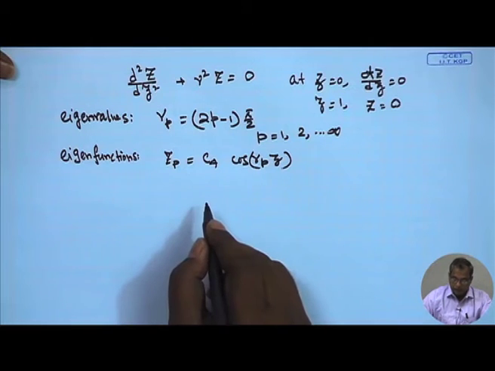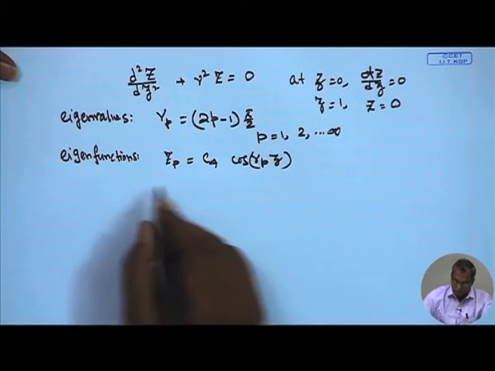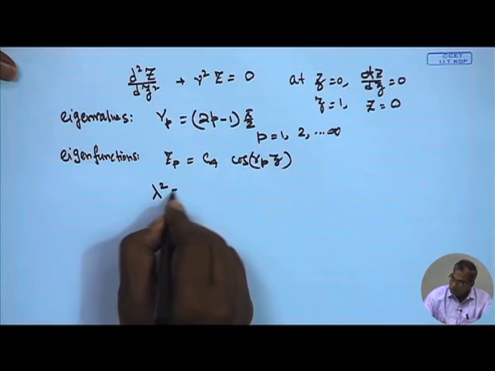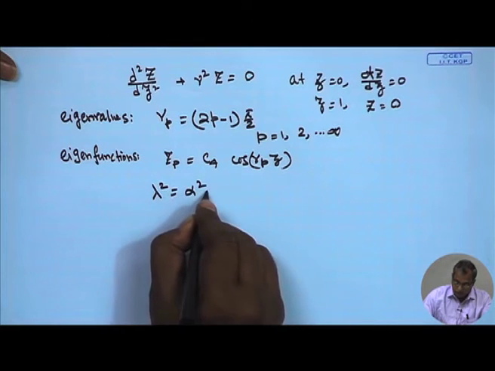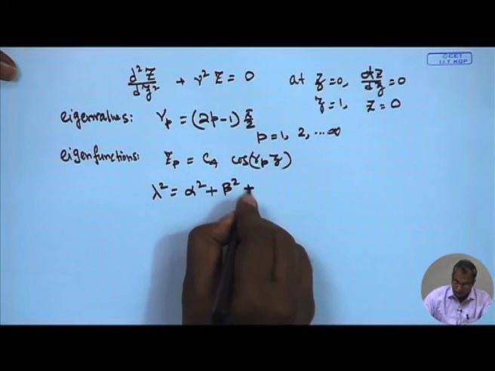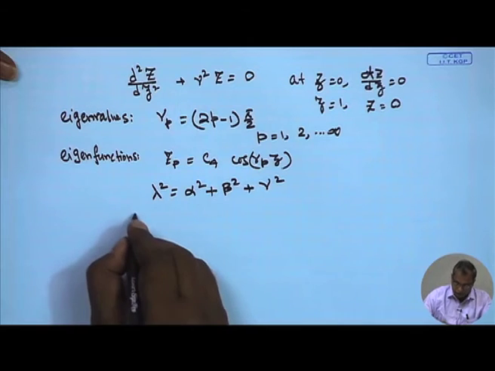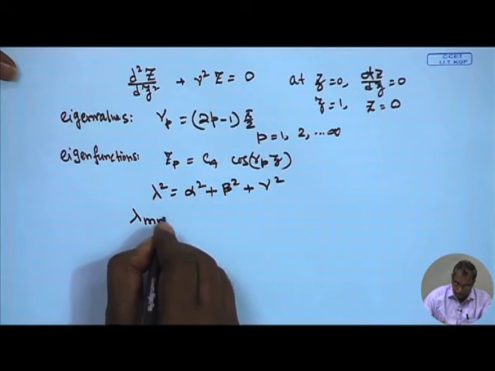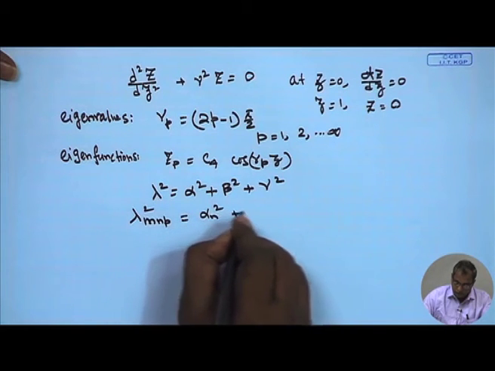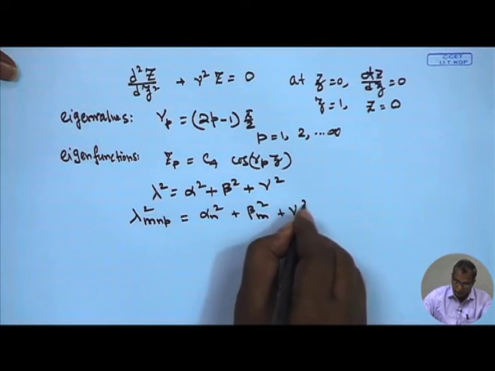Before that, we have to get the time varying part. What is lambda square? Lambda square is alpha square plus beta square plus gamma square. Now, let us put the subscripts. So, lambda m n p square is equal to alpha n square plus beta m square plus gamma p square.